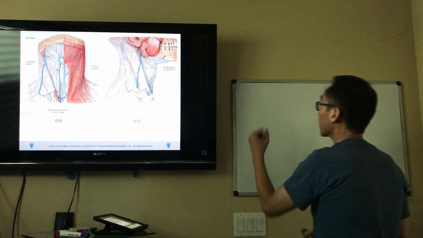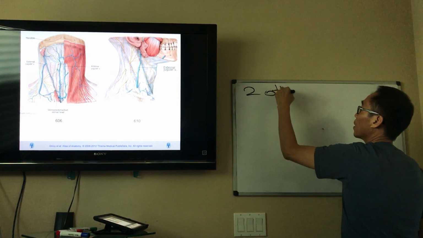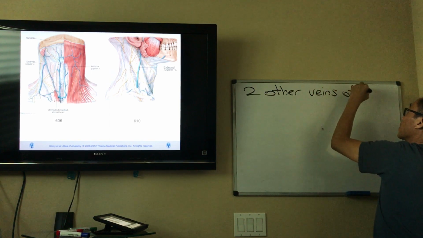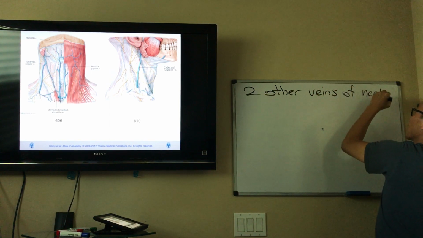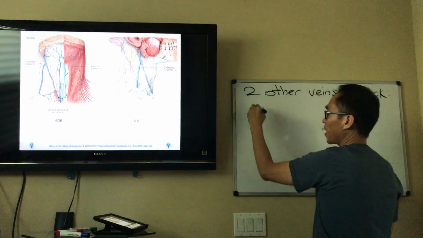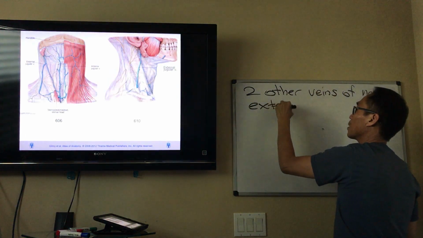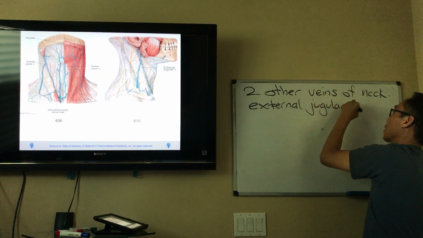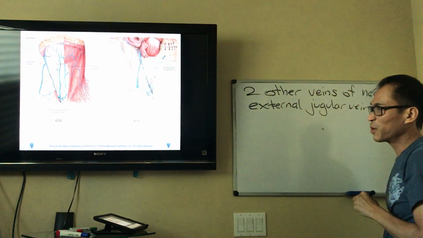So, two other veins of the neck. External jugular vein. Anterior jugular vein.